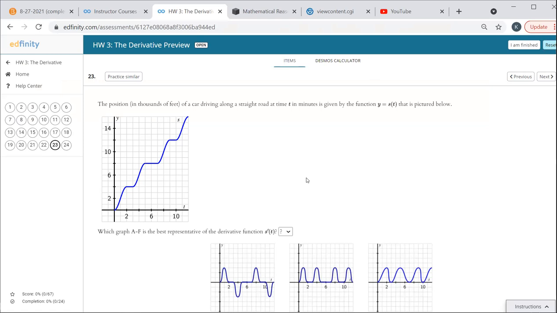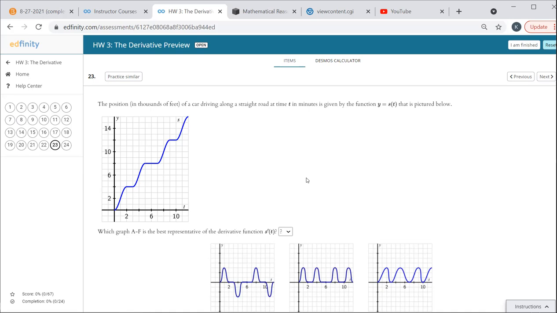He's going forward and then he slows down and stops, right? So from 2 to 3, what should his derivative be? 0, because he's stopped, right? And then he goes which way? Back up again, right? And then from 5 to 7, he stops again, yeah?